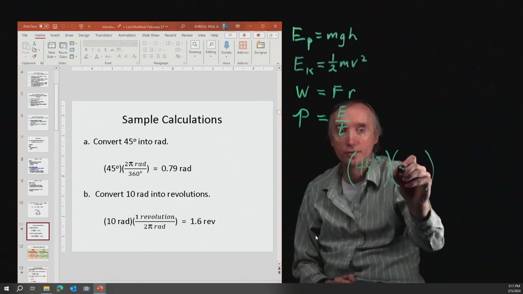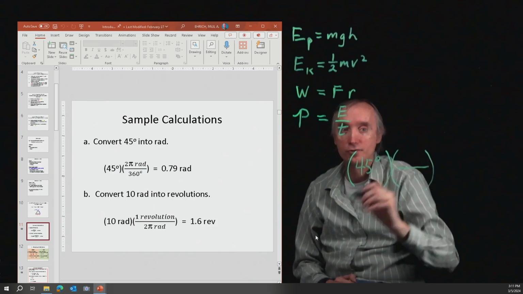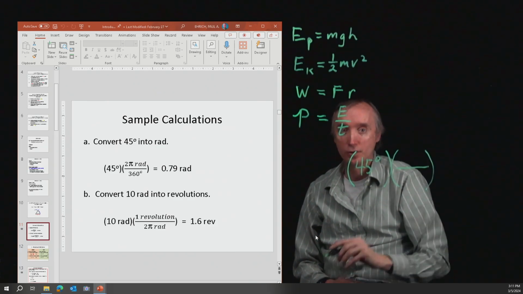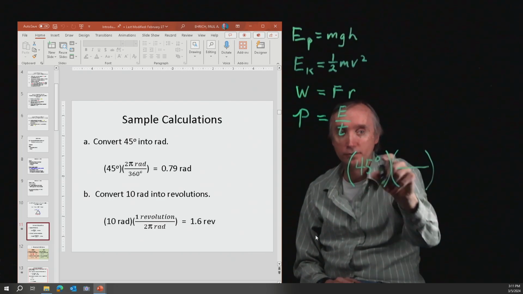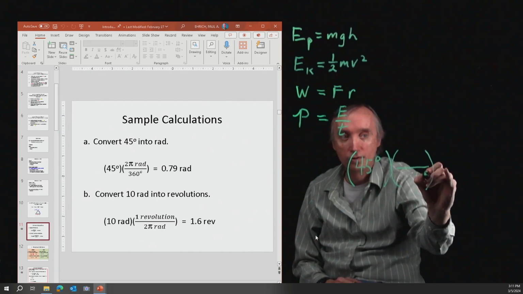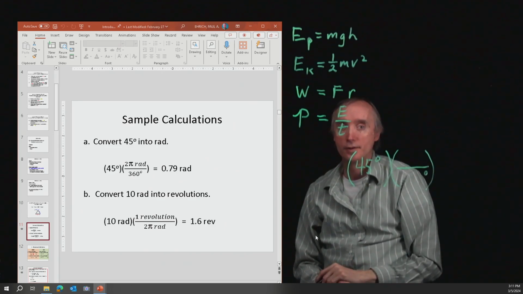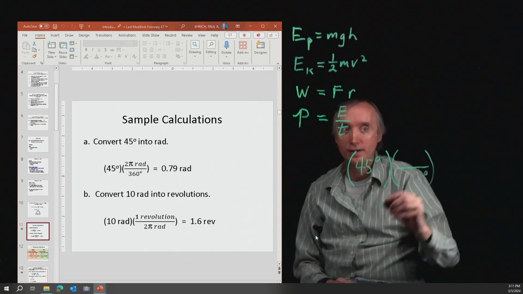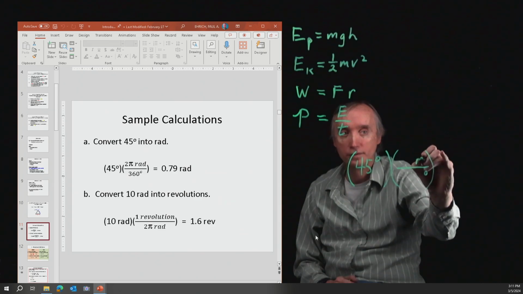In the second, we write down our conversion factor. We're trying to get rid of the word degree, so I put degree on the bottom, and I'm trying to get to radian, so I put radian on the top.